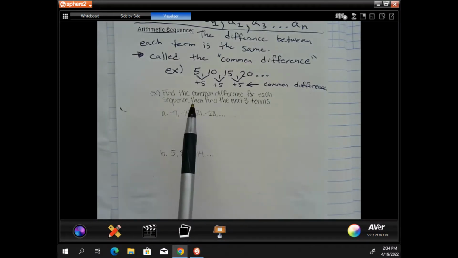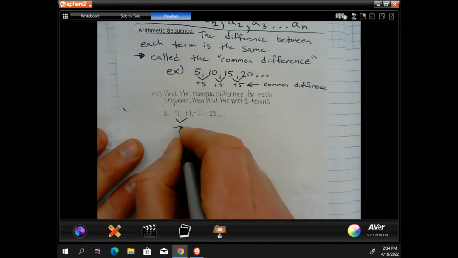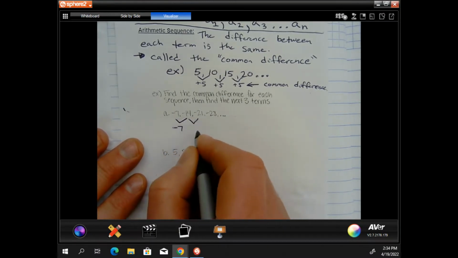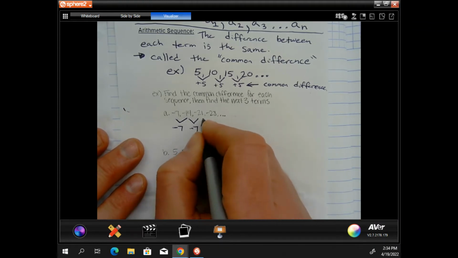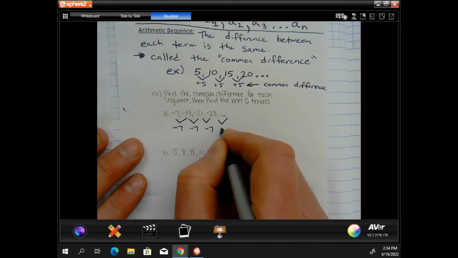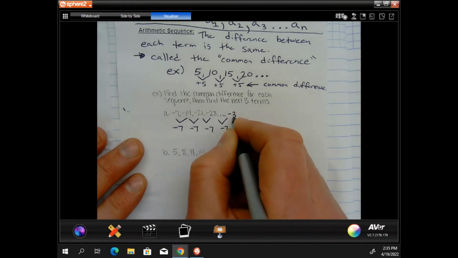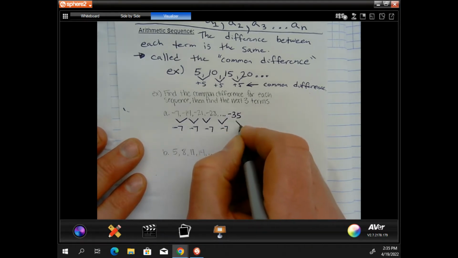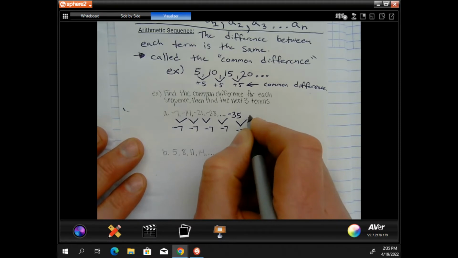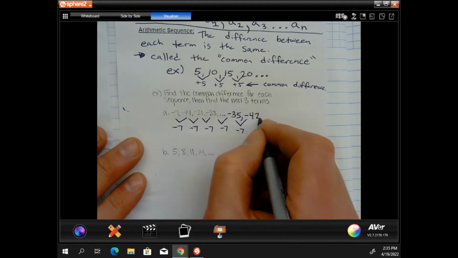So our examples say, find the common difference for each sequence, then find the next 3 terms. So we can see here that's going from -7 to -14, so it's subtracting 7. From -14 to -21, subtracting 7. From -21 to -28, subtracting 7. So we're going to subtract 7 again, and our next term would be -35. And we're going to subtract 7 again, and our next term would be -42.